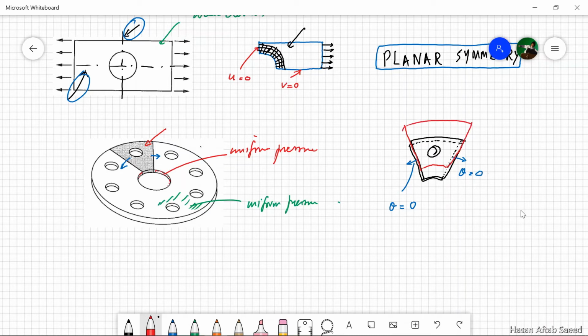But the point is, all these points on this plane will remain on the same plane. It could move radially. This is the radial direction. It could move radially, but there is no movement in the circumferential direction. This is the circumferential direction.